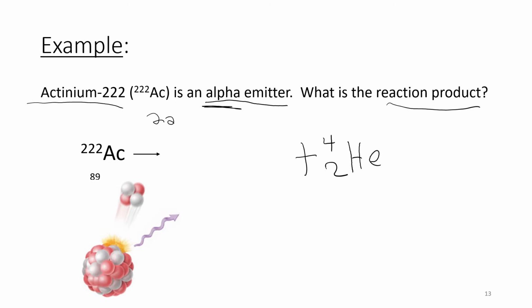So we have 222 minus 4, which gives us 218. And then the atomic number is going to be 89 minus 2, which gives us 87. And then we use our periodic table. The element with atomic number 87 is francium, discovered in France. So this is my new reaction product, francium.